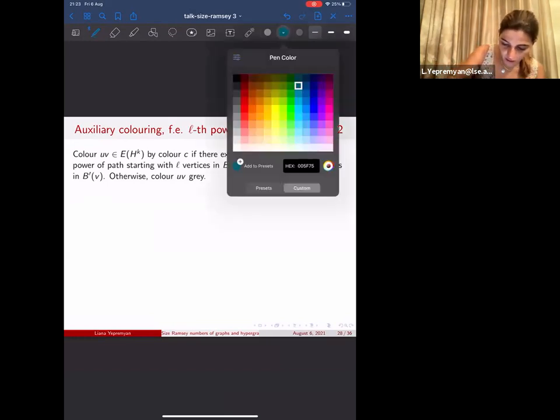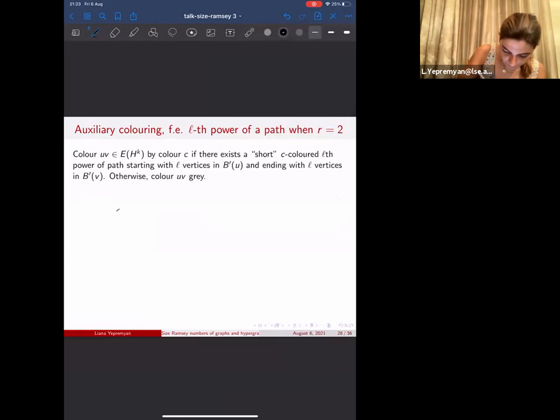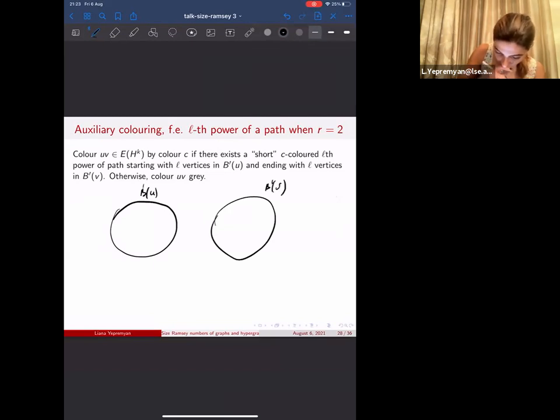So meaning if I'm looking at the sub-blob B_U and sub-blob B_V, and I know that there exists some short path that starts here, some L vertices, and goes here.